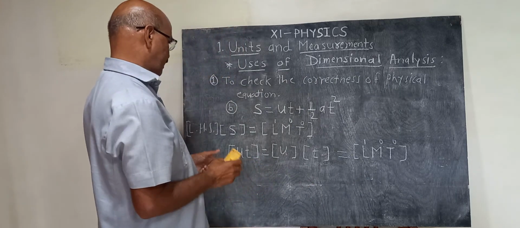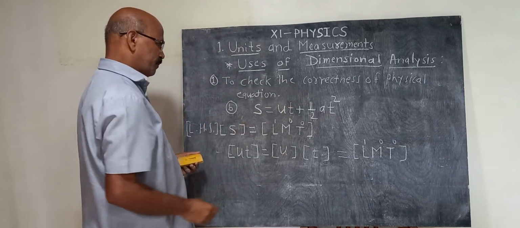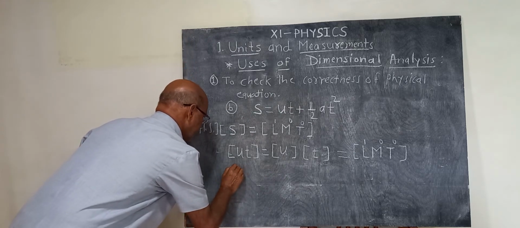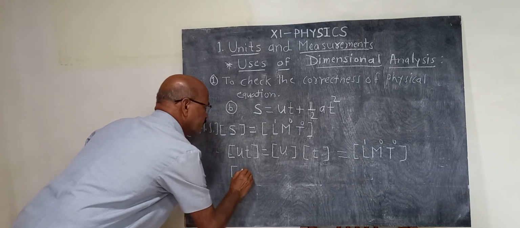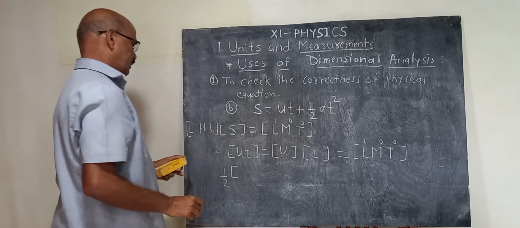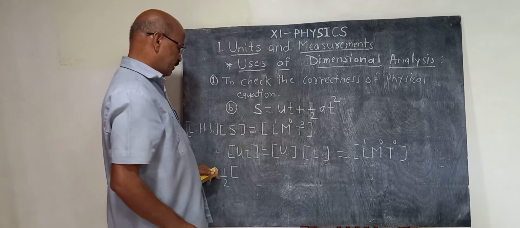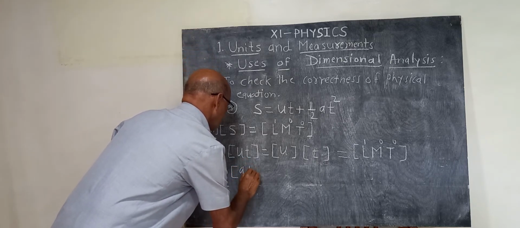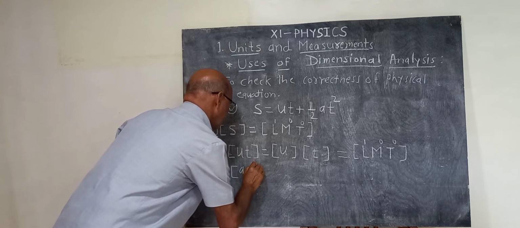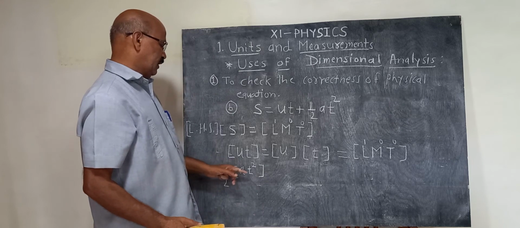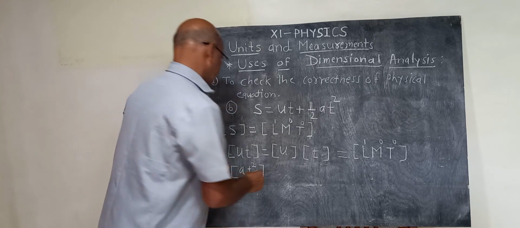Then the third term is half at square on the RHS. This half is a number, it has no dimensions, and we need the dimensions of a into t square.